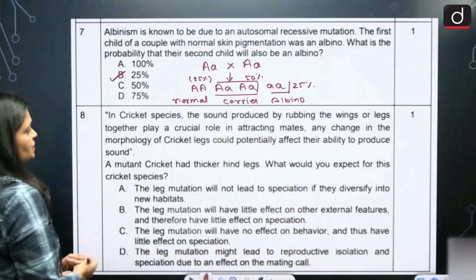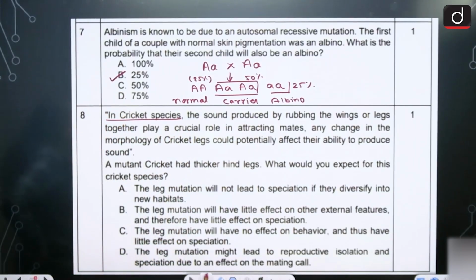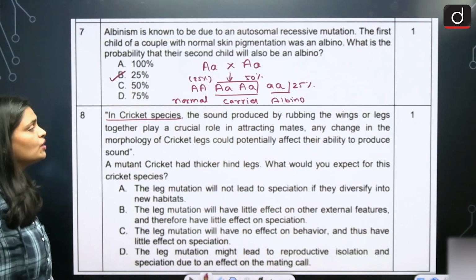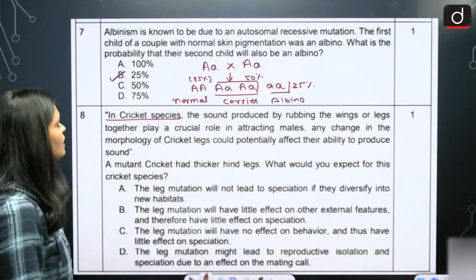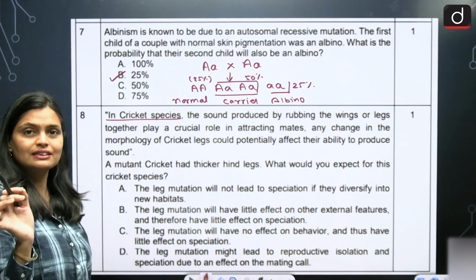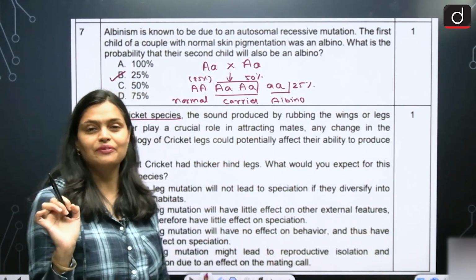In cricket species, the sound produced by rubbing the wings or legs together plays a crucial role in attracting mates, right? So cricket species, you know, is a kind of insect. Crickets that make that tit-tit-tit sound, that will be the cricket.